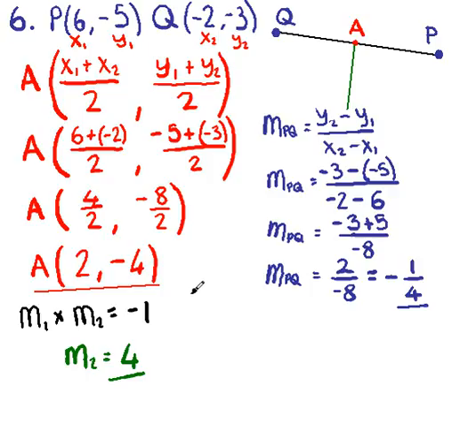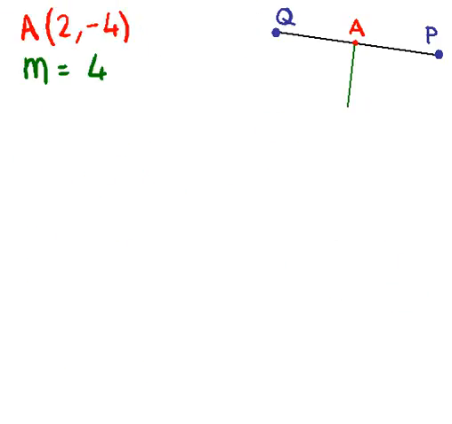Now we have the two things that we need to work out the equation of the line: a point, point A, and the gradient, which is 4. To give myself more space to work with, I'm going to clear away this working, leaving the two important pieces of information, the point and the gradient.